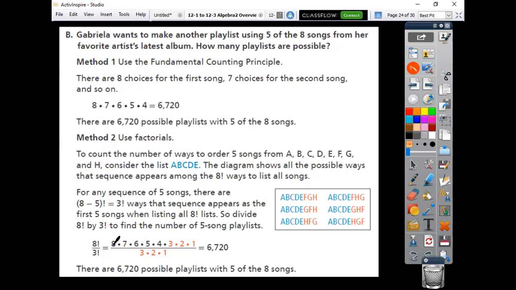And then if the order doesn't make a difference, then you've got to take out all of the duplicates. So each of the 3 songs could have been rearranged in 6 different ways. So if there were 8 songs, that would be 8 factorial, but you've got to divide out the order of the songs, because normally you wouldn't necessarily care what order if it's just picking those, let's see, this is 8, 1, 2, 3, 4, 5, choosing 5 songs.